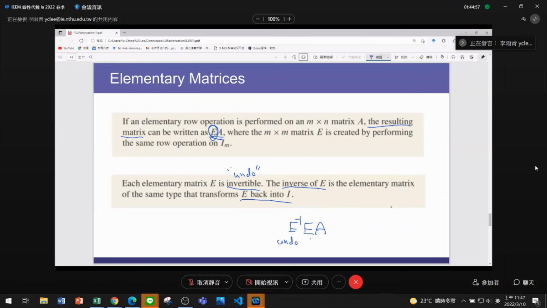And this E means row operation. Okay, and everything you want to operate, you need to multiply it to the left-hand side of the matrix.